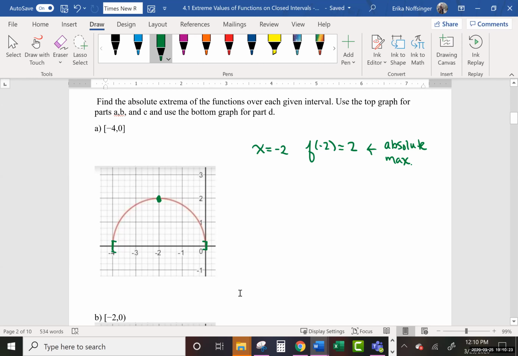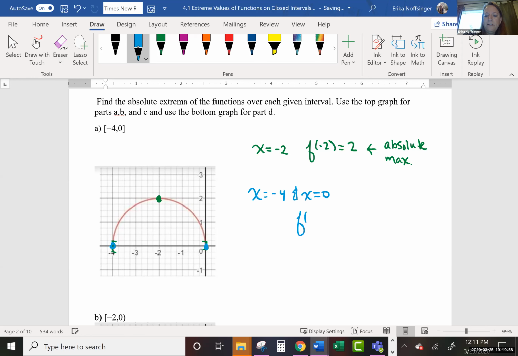All right. And so notice that when x equals -2, we have an absolute max of 2. That is our y value, the biggest y value in between x equals -4 and 0, including. If you look at the minimum value, I can see that there are 2 of them. They're occurring at x equals -4 and x equals 0.